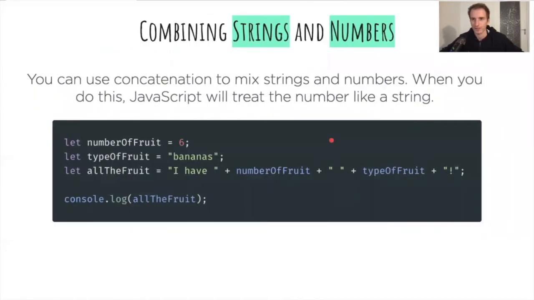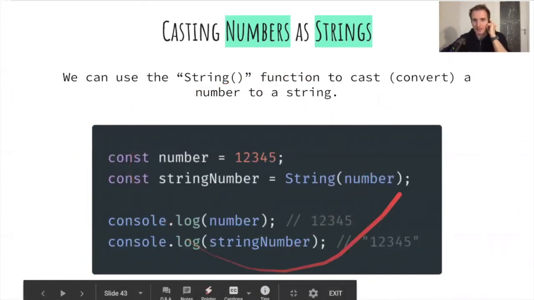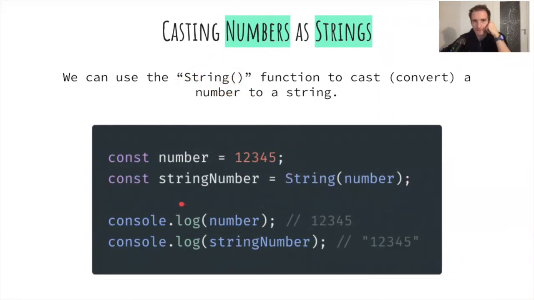If we want to actually add a string of a number to a regular number, then we need to cast that string as a number. And the way to do it is with this string syntax. So in this case, let's say we have a number of 1, 2, 3, 4, 5.